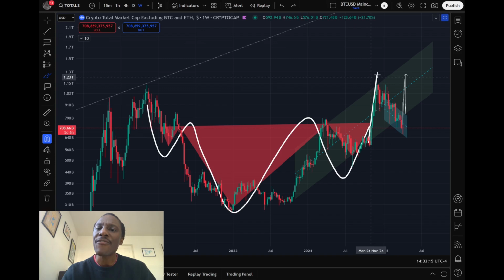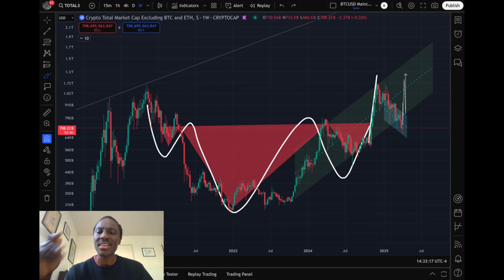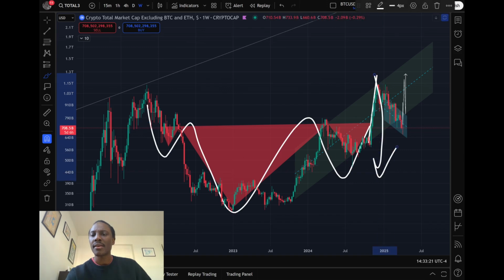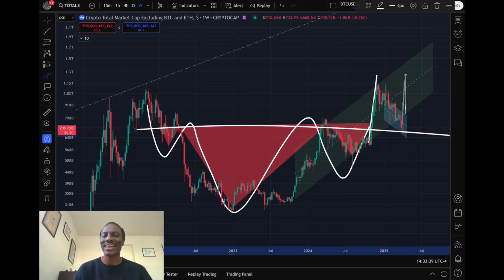Now, if it's a fake out, if it's not confirmed, what you get is a swing failure pattern. So then it means that you may have spotted something that you thought was a certain pattern, but it wasn't because it failed. The failure is that it doesn't hold, okay? And when I say it doesn't hold, I'm referring to the neckline, okay?